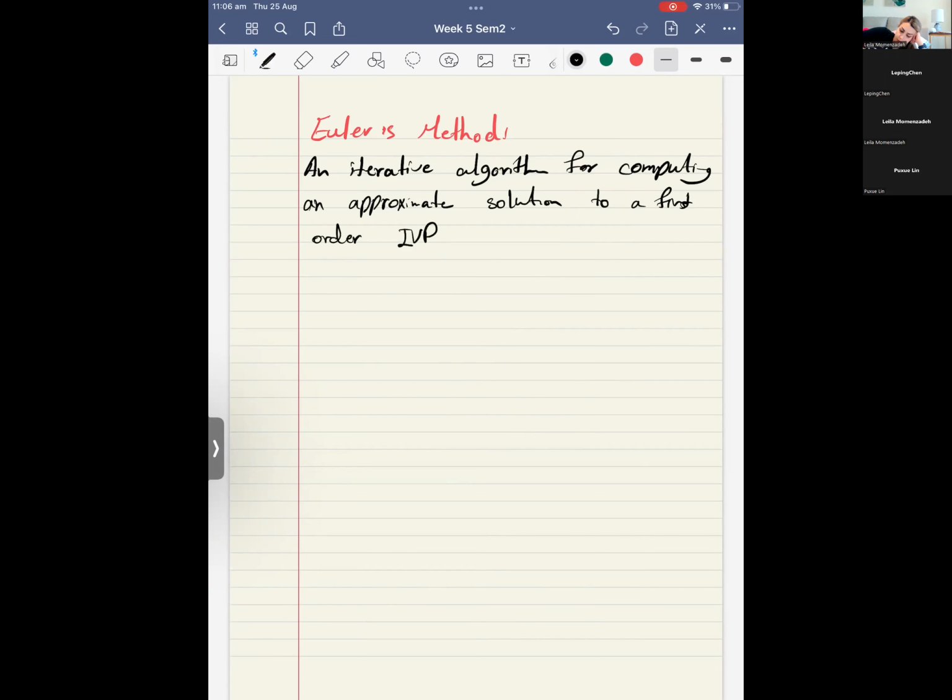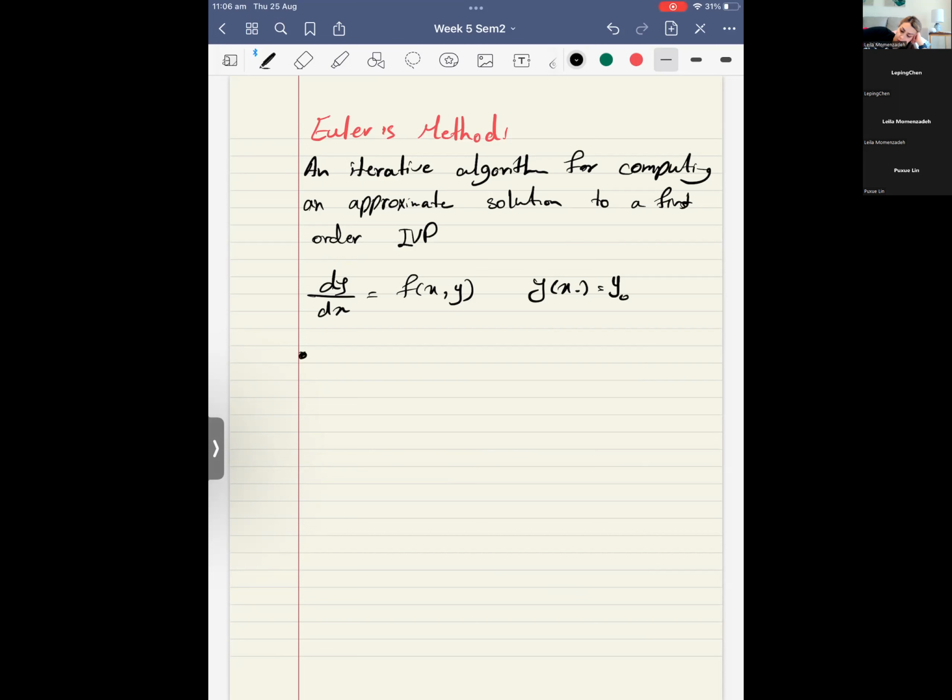For example, dy over dx is equal to f of x, y, and y of x0 is equal to y0.